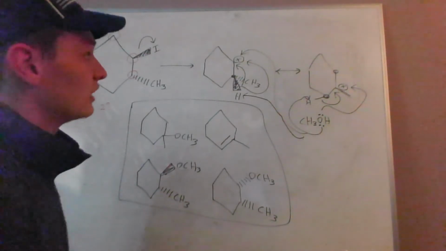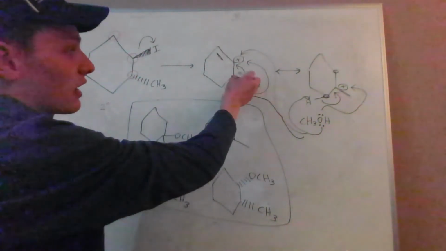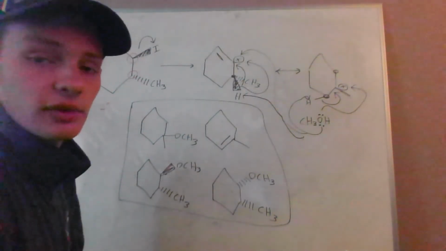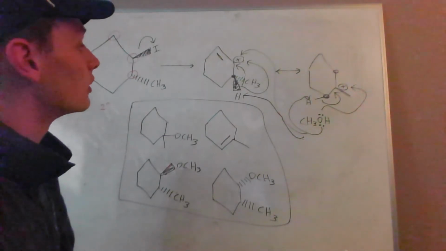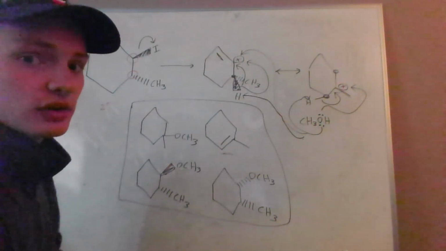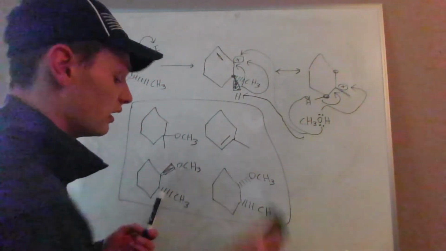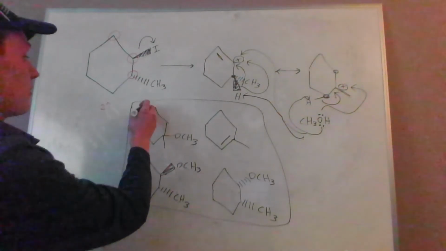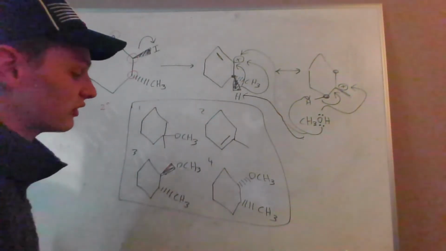And you wouldn't pull off this proton because then you get the double bond here, which is not going to have your methyl group as one of the substituents, which means it's just not going to be a major product. So it basically would form this again. So you don't need to really include that necessarily. But the key thing to understand with this type of reaction is you have 1, 2, 3, 4 products.